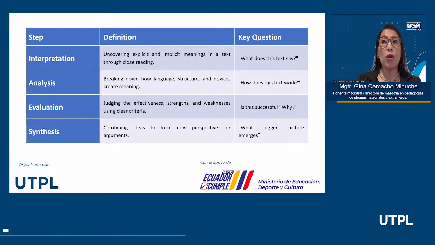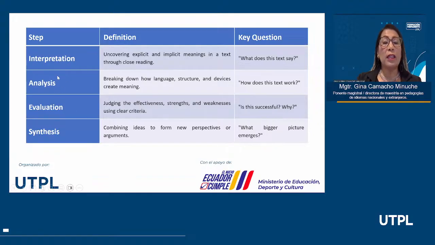For example, when you give your students a piece of text to read or any script or context, they should be able to ask this question: what does this text say? They should be able to get the gist, to get the main idea of the text and ask themselves, what does it want to convey?